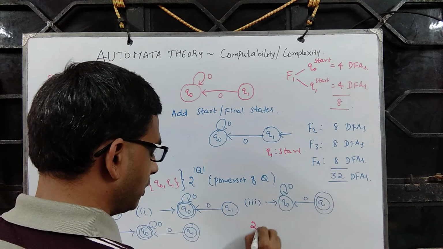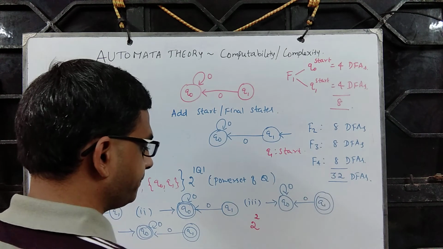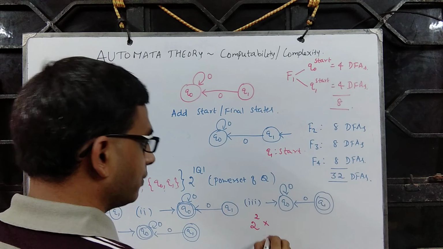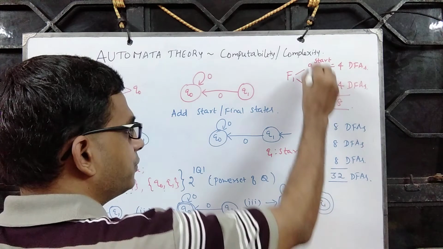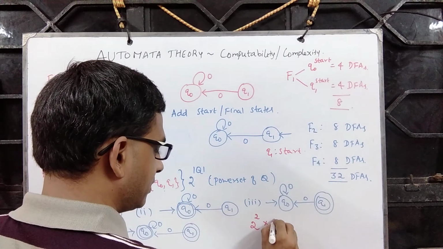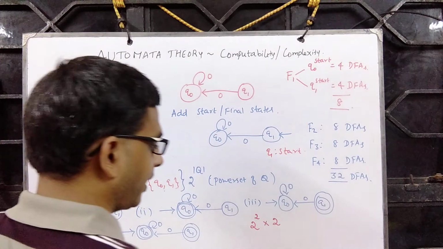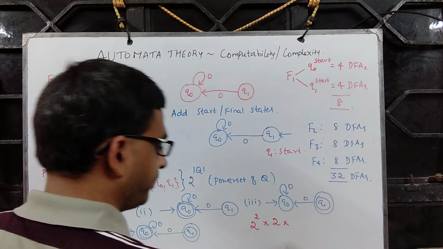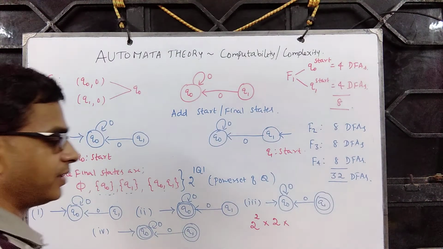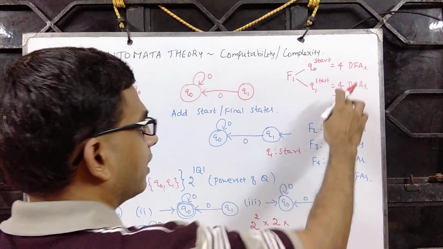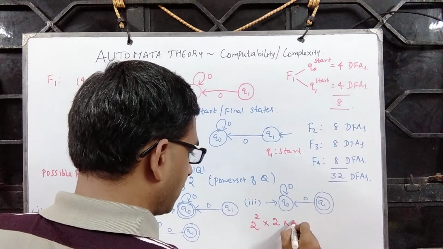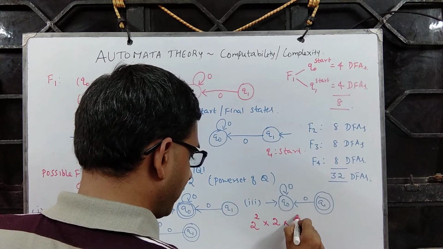It is 2 square, into the possible values for this, which are 2, and the possible values for the final states are again 2 square.